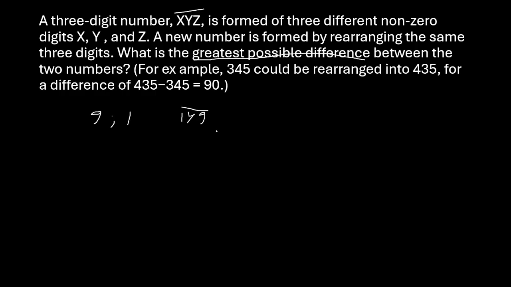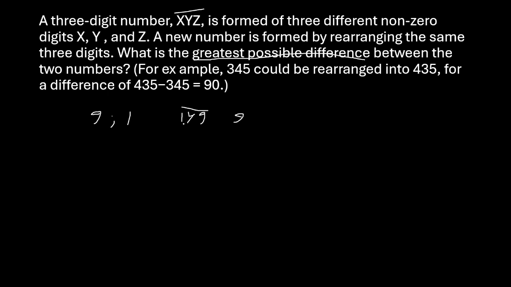Okay, so we could rearrange these to get the greatest difference, which would be that we start with a 9. We will start with 9 because then it would be the greatest possible difference. And what is the next largest number we could put here?